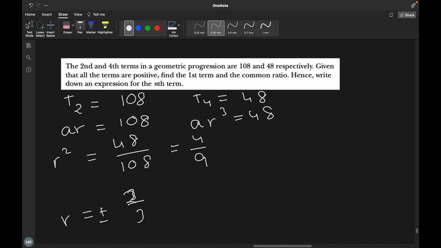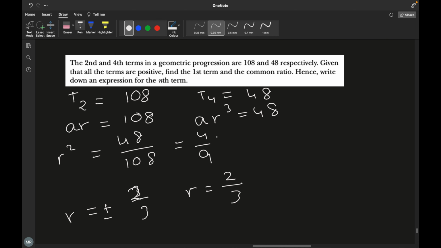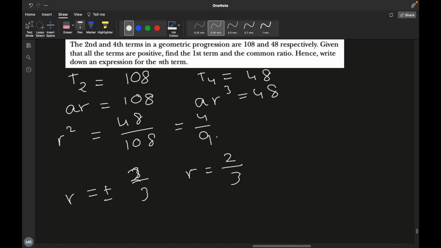But it's given that all the terms are positive. Therefore, r is only 2 by 3. So this is the only answer. And now if you want to find a, we just substitute that. So we get 108 divided by the answer. Therefore, we get a is 162.